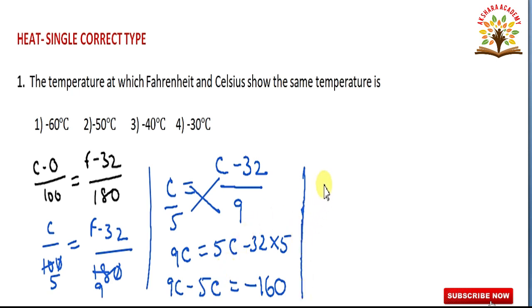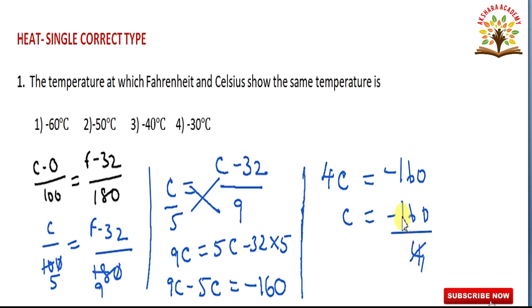So 9C minus 5C is 4C. 4C is equal to minus 160 degrees. C is equal to minus 160 by 4, which is minus 40 degrees.